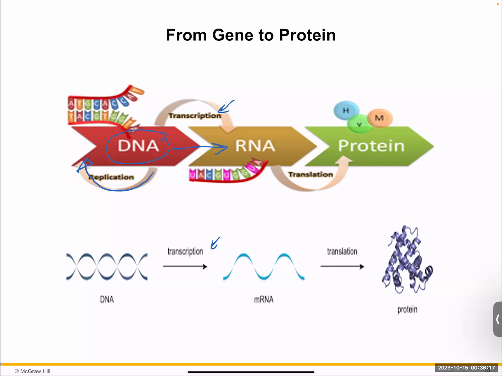Now, by just looking at this, one thing that you should notice about DNA and RNA is, again, DNA is your double helix and RNA is a single strand. So please do note that, as we will follow up on this concept later on. And later on, the process of utilizing the RNA to make your protein is called translation.